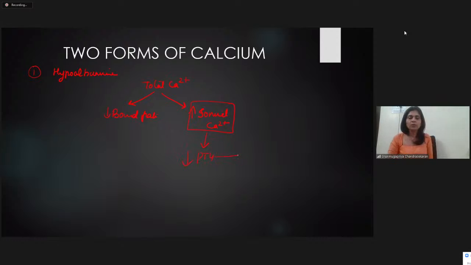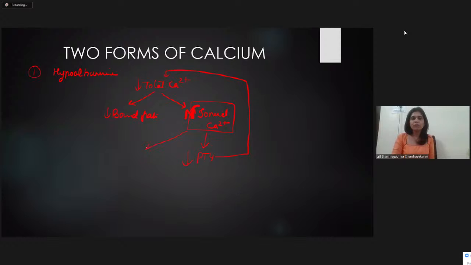And when parathormone secretion is suppressed, that decreases total calcium. And the decrease in total calcium is in such a way that in spite of there being a decrease in the bound fraction, ionized calcium is normal. Yeah, ionized calcium is finally normalized. So what do you observe in this condition?